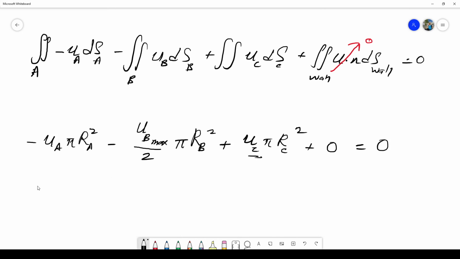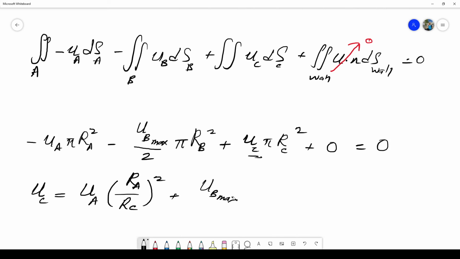We rearrange the equation for UC, and we will obtain that UC is equal to whatever velocity enters station A, multiplied by the ratio between RA and RC square, plus the maximum velocity at station B divided by 2, multiplied by the ratio between RB and RC square.